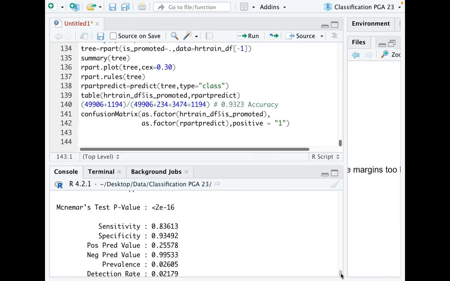For each promoted, you have to tell the algorithm to treat it as factor, not as regression data. Regression doesn't have a class. Because we built a regression model, it can't predict a class.